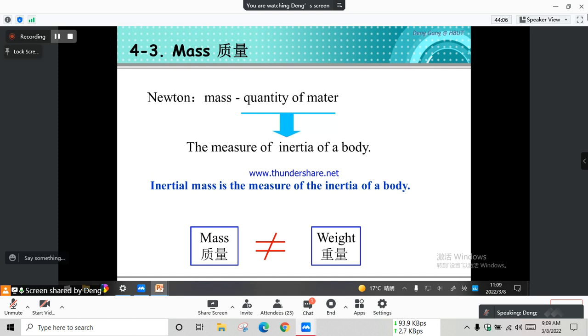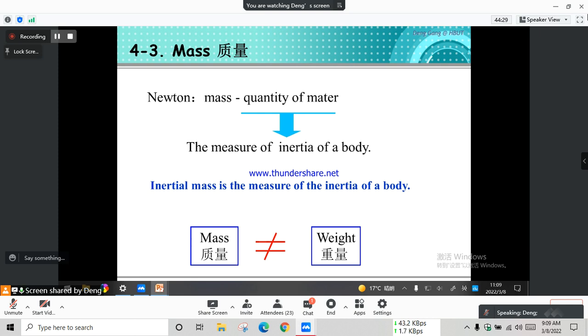Weight in Chinese is called 重量. So mass and weight are different. Mass is the measure of the inertia of a body, while weight is the gravitational force on it near the surface of the Earth. So this is a force, and this is not a force.